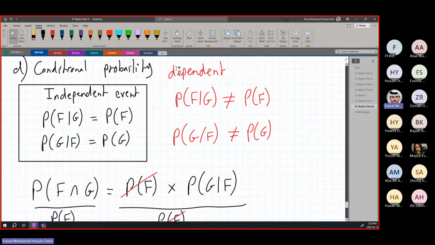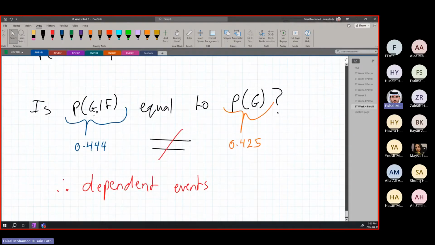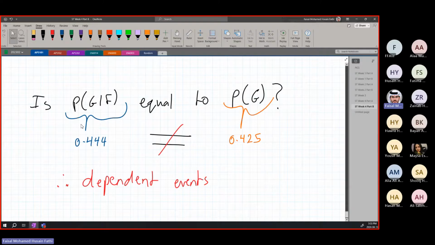But now, when we found P of G given F, we found that it is not equal to P of G. Therefore, these two are considered dependent events. Is this clear so far? Anyone has any questions?